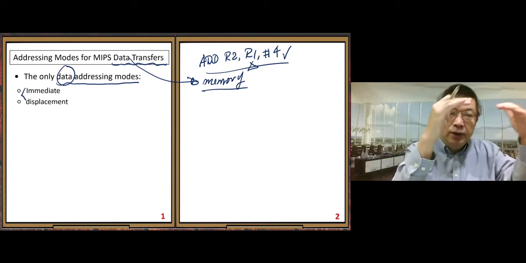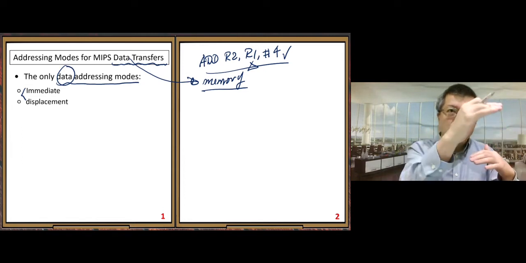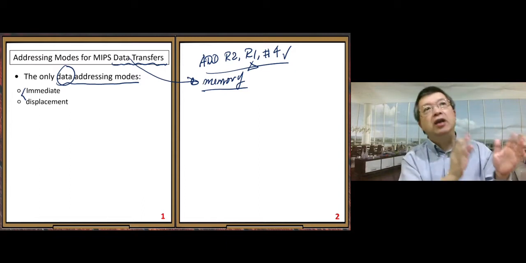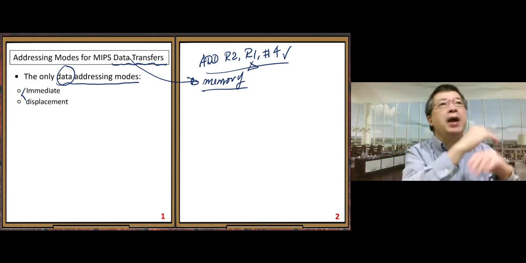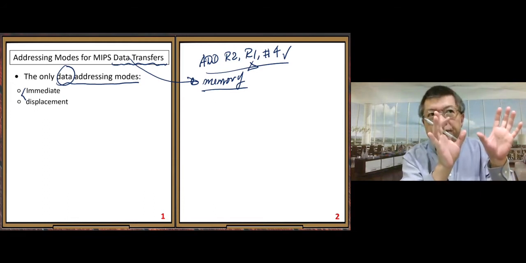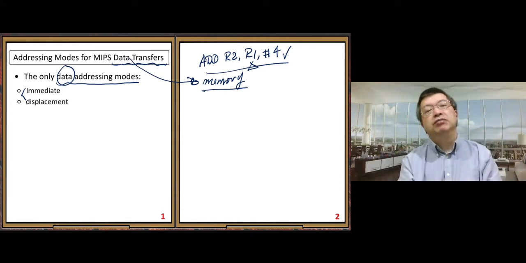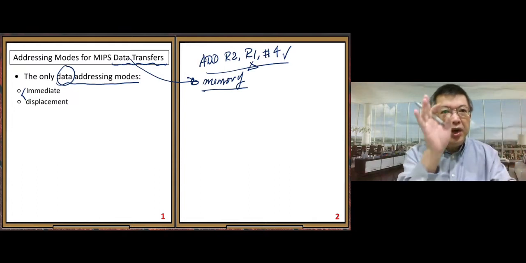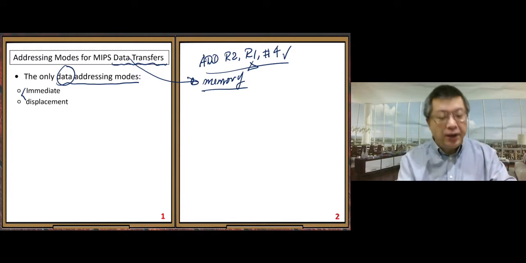The first one is not related to data transfer, but the second one is, yet they share the same pattern. So we need a special way to separate these 2 addressing modes.